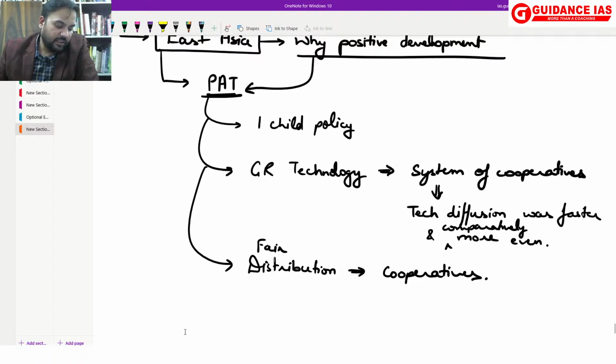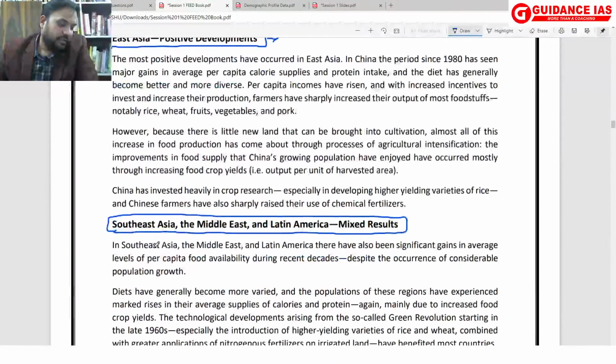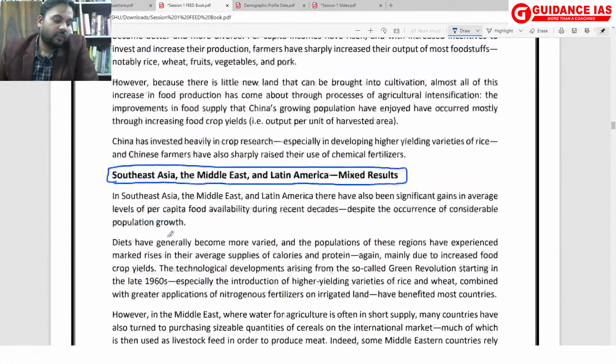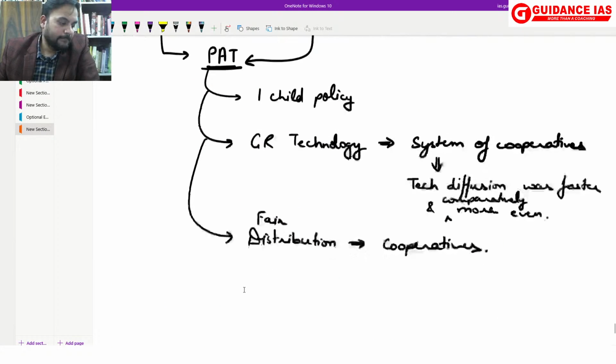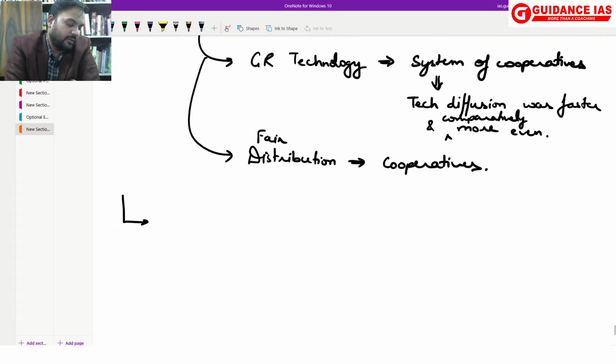Okay. Similarly, tell me, Southeast Asia, Middle East and Latin America, there are mixed results. So why mixed results? In case of Southeast Asia and Latin America, if I first talk about Southeast Asia.